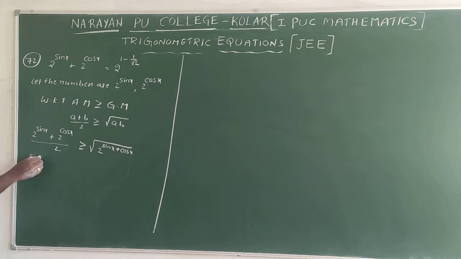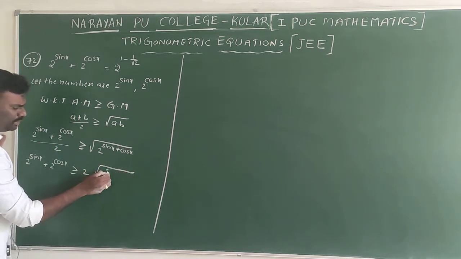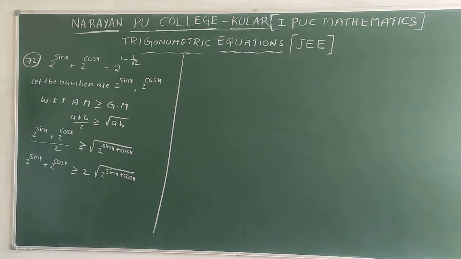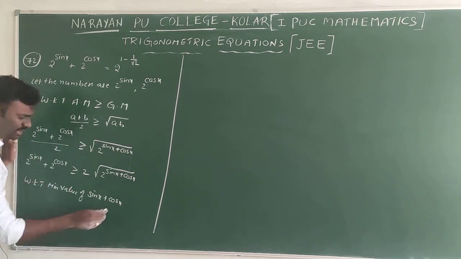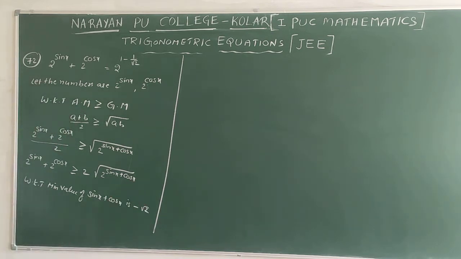2 power sin x plus 2 power cos x is greater than or equal to 2 into under root of 2 power sin x plus cos x. We know that the minimum value of sin x plus cos x, because here greater than or equal to is there, is minus root 2, and the maximum value is plus root 2.